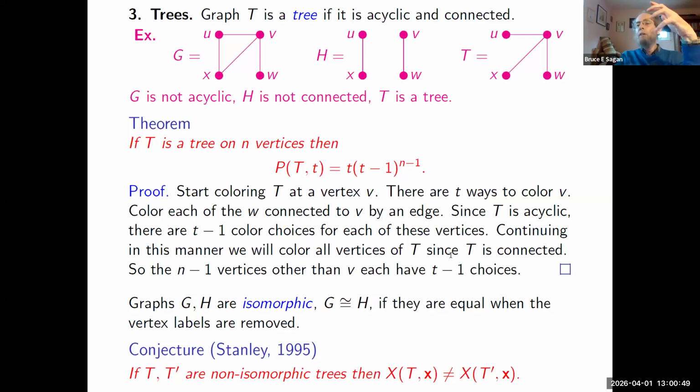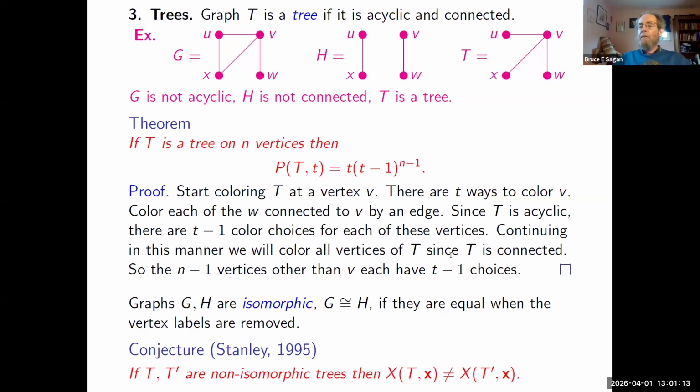Trees are in some sense the simplest possible graphs. So the fact that we can't even do it for trees makes it a bit daunting. What has been done in relation to this conjecture is, as I alluded to before, people have tried to come up with various invariants on trees that the chromatic symmetric function knows about.